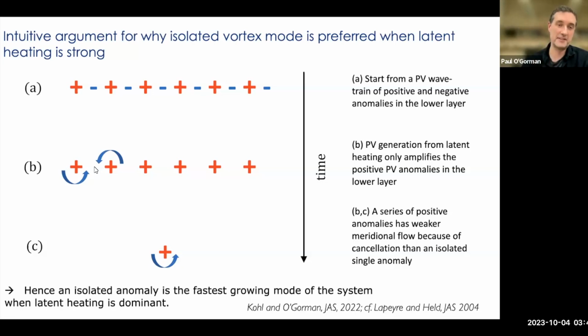And if you think of meridional flow being related to upward motion just by an isentropic upglide type of hypothesis, then this kind of situation is not going to lead to as strong an upward motion as when you have just one vortex on its own. And so this argument suggests that an isolated anomaly is going to be the fastest growing mode of the system when latent heating is dominant. And it basically comes down to the fact that latent heating is generating PV of one sign in the lower layer and PV of only one sign in the upper layer. Whereas meridional advection, say in a dry wave, could generate PV anomalies of both signs in a given layer.